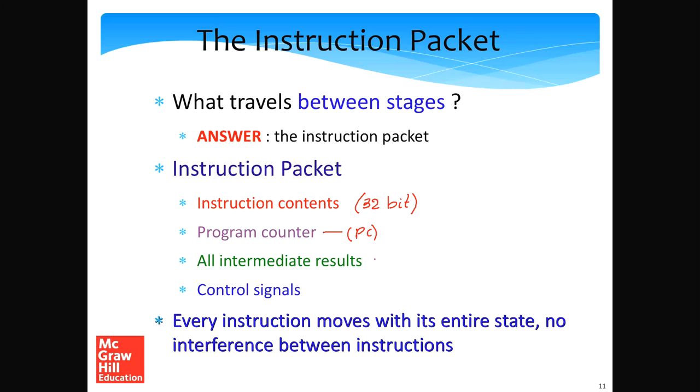All the intermediate results that we compute, and the results that are required in the subsequent stages, they also move along with the packet. And all the control signals that we require to control the multiplexers in the subsequent stages. So basically every instruction will move with its entire state such that there is no interference between instructions.